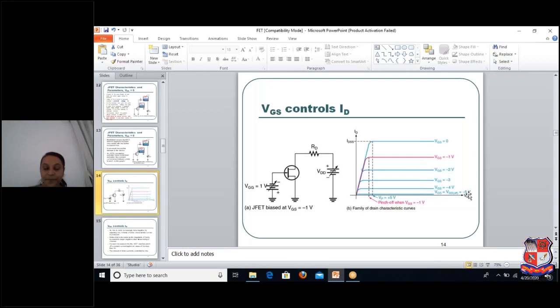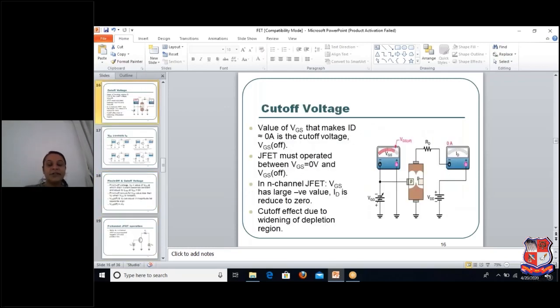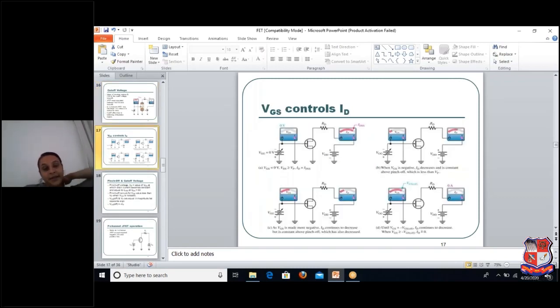Okay, understand? So this is known as the cutoff voltage.